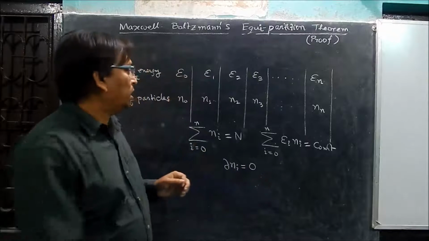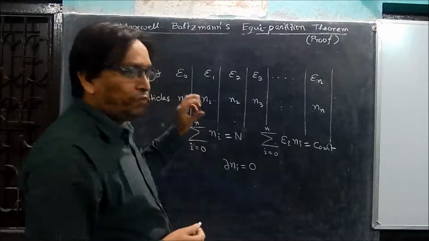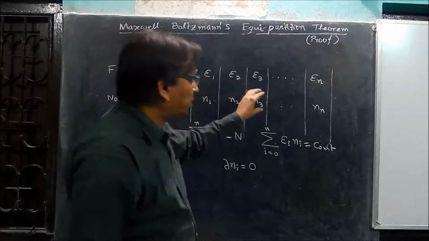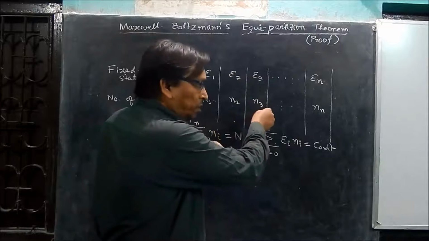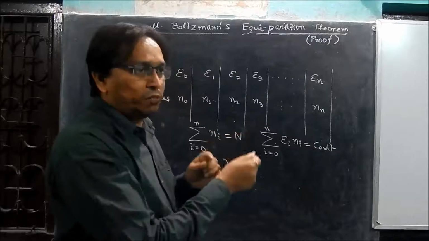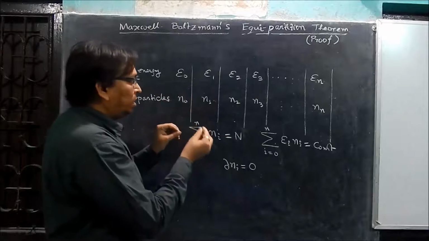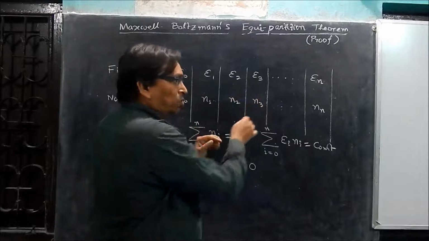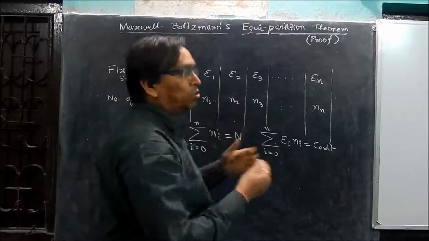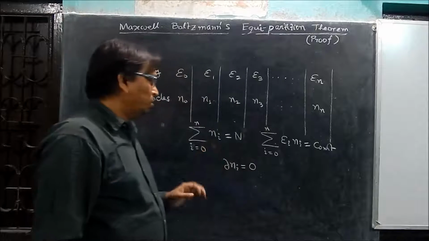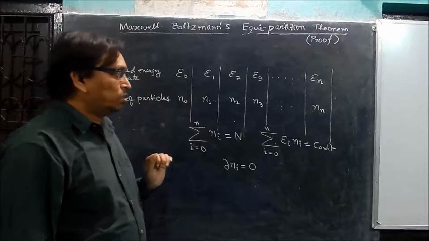Say you are taking 5 particles from here, so delta ni will be minus 5, and you are putting those particles here, so it will be plus 5. So minus 5 plus 5 is 0. You can take 1 particle from here, 2 particles from here, and put 3 particles here. So it will be minus 1, minus 2, plus 3, which is 0. So delta N equals 0. These 3 things are to be remembered while we are calculating.